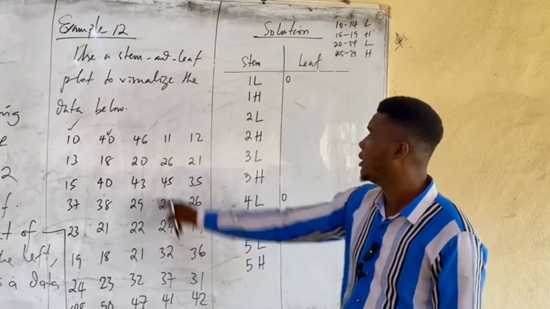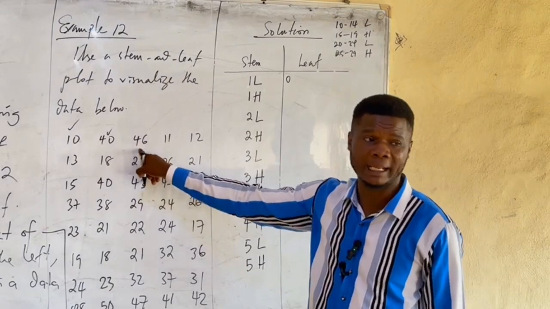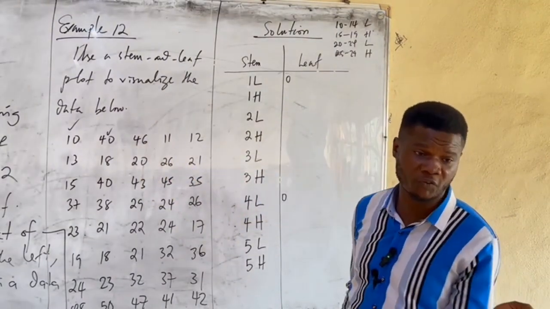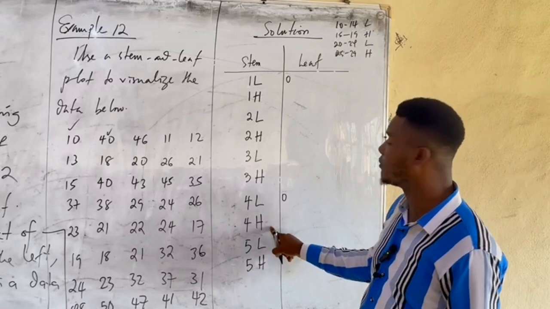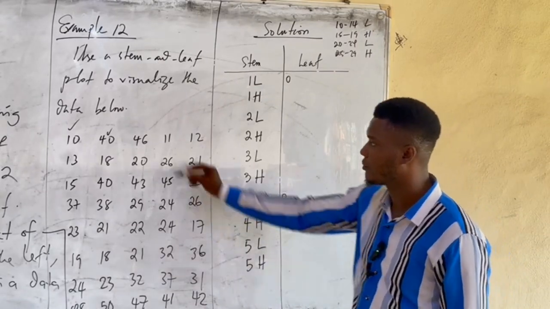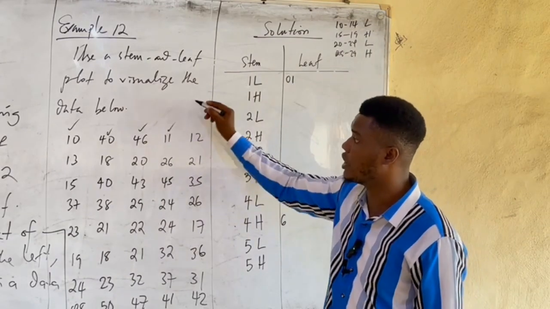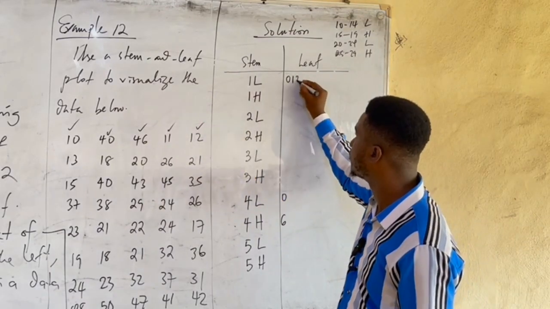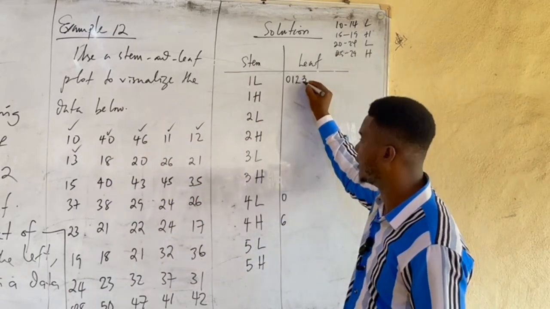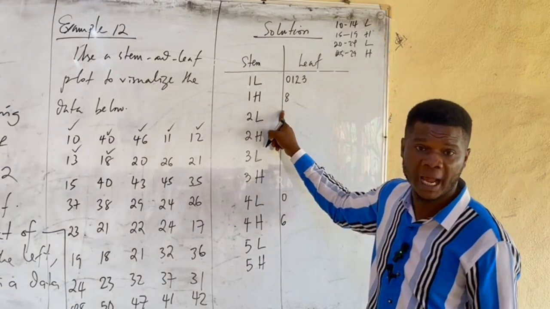Go to 46. 46 will be categorized under 4 high because 46 is above 44, right? So I'll come to high here and put what? 6. 11 will be 1 here. Is it not so? 12 will be what? 2. 13 will be what? 3. 18 will be what? 1 high.